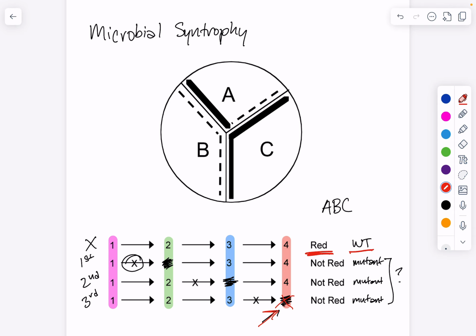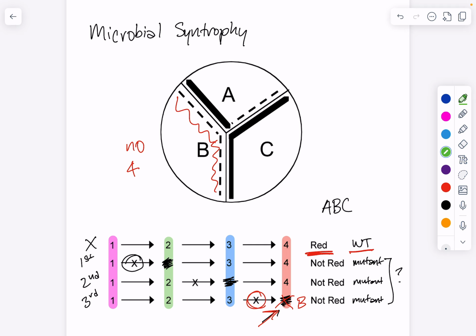So B is the strain that's here, because it cannot make number 4, and you don't see any red pigment happening next to any of the neighbors for B. That's the easiest one to eliminate, because again, it is missing that last final step to make the red pigment. Then we can start to look at number 2.